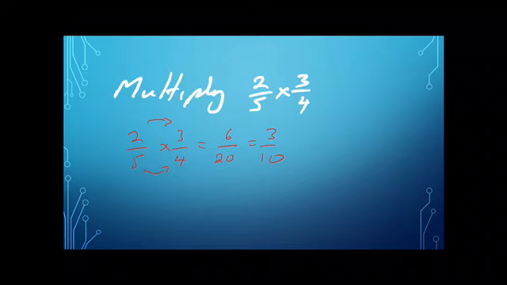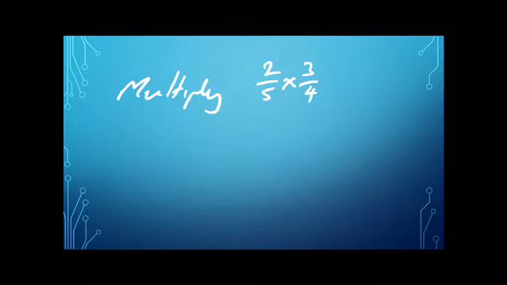I'm going to do the same question again, but I just want to show you another technique. Now, we're going to do 2 times 3 and then divide by 5 times 4. Now with multiplication, 2 times 3 is the same as 3 times 2.